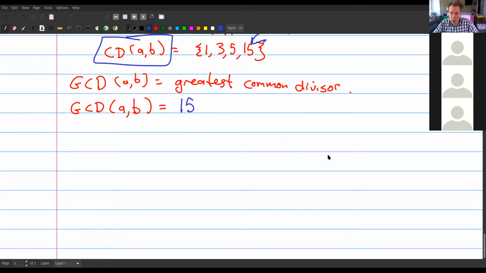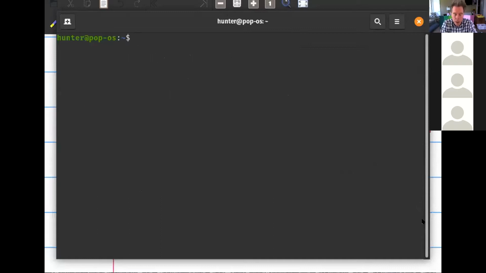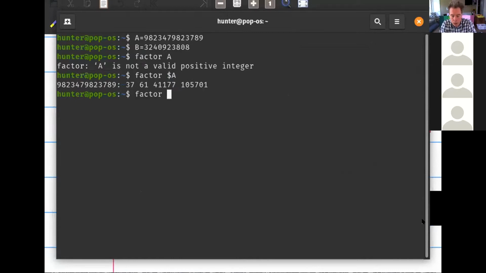Let's do a dumb algorithm for GCD. So let's say A is equal to something and B is equal to something, and we factor A, and we factor B. So what would you say is the greatest common divisor of these two numbers, A and B?